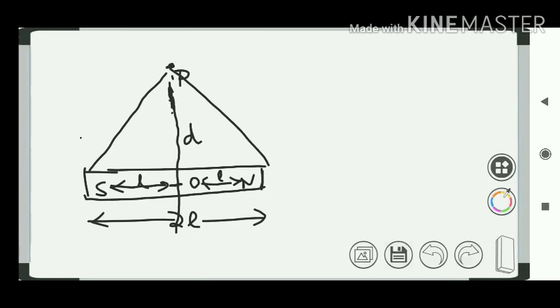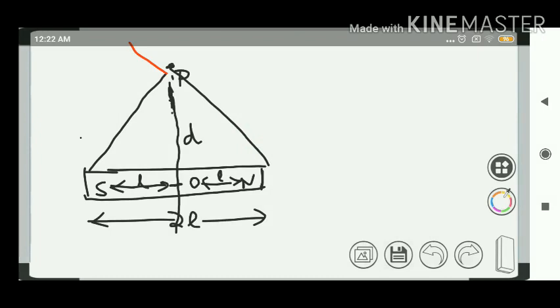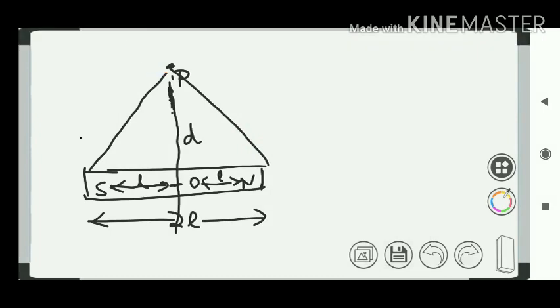Due to the north pole, just like the previous case, the magnetic field will be away, like this, whereas due to the south pole the magnetic field will be towards, like this. Let's say this magnetic field is B2 and this is B1, and the net magnetic field B will be in this direction.